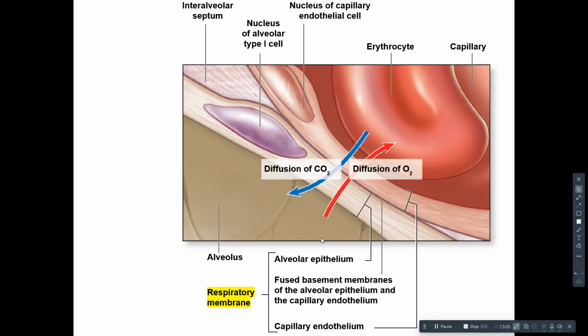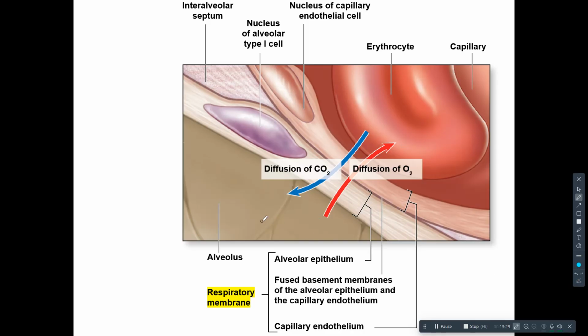Notice that oxygen is going from the air in the alveolus to the blood in the blood vessel, CO2 from the blood in the blood vessel to the air in the alveolus. And of course, remember that gases are going to go down their pressure gradient. So there is going to be a high PO2 in the air, and then a low PO2.